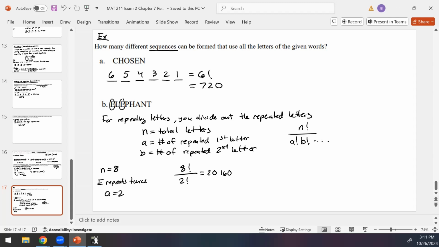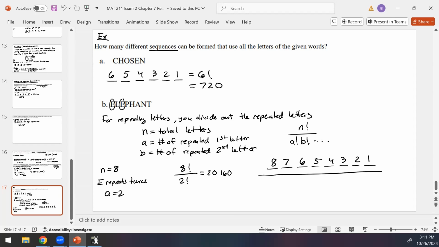Or if you do the hangman game, you do 1, 2, 3, 4, 5, 6, 7, 8. So then you just do it letter by letter, right? So how many options do you have for the first letter? Well, I have 8, and then 7, and then 6, and then 5, 4, 3, 2, 1. But the problem is the 2 E's, you can't tell the difference between them. So if you swap the E's, the sequence looks the same. So I need to get rid of that.